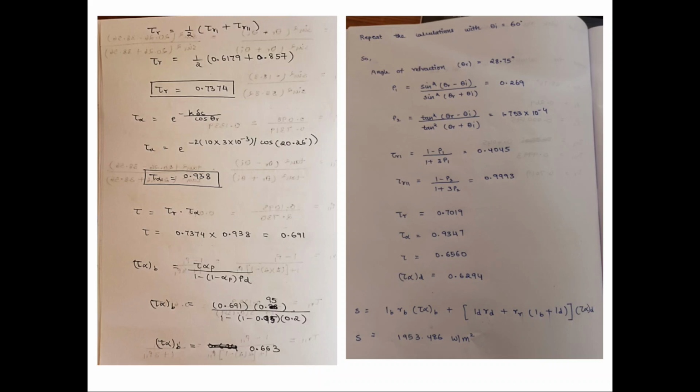So here we take a particular component, theta as 60, and based on that we calculate the diffusive reflectivity, and the value is around 0.2. So the transmissivity absorptivity product for the beam radiation was calculated to be around 0.663.